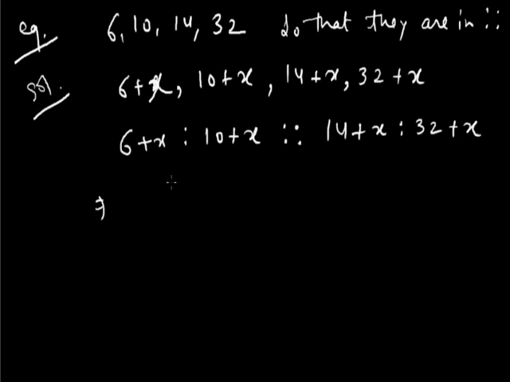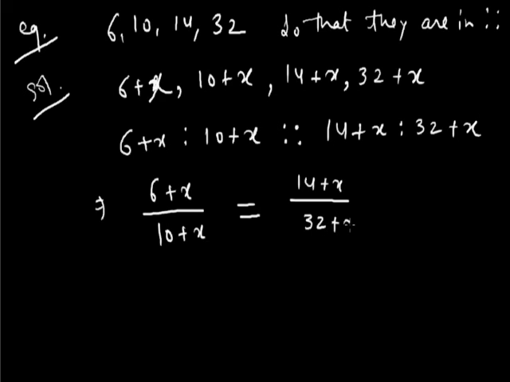Now this ratio in fractional form can be written as 6 plus x divided by 10 plus x. In this, the sign of proportionality can be replaced with the sign of equality, and the second ratio can be written as 14 plus x divided by 32 plus x.